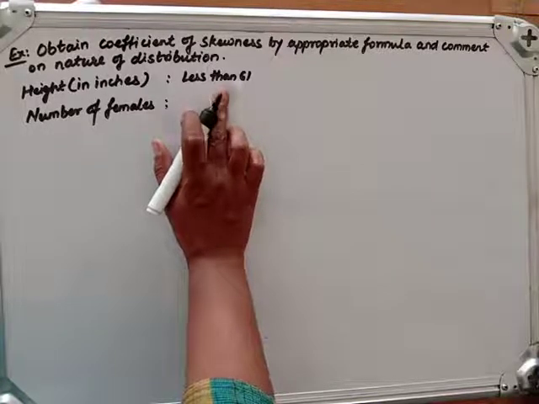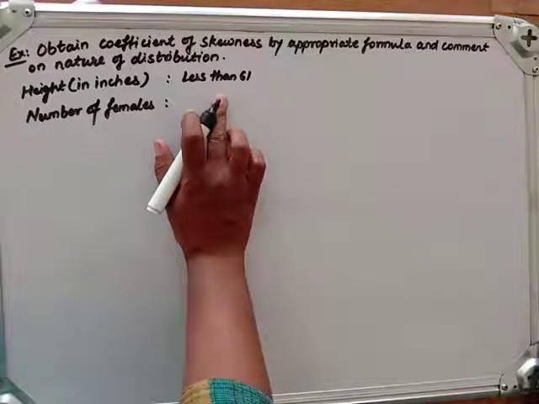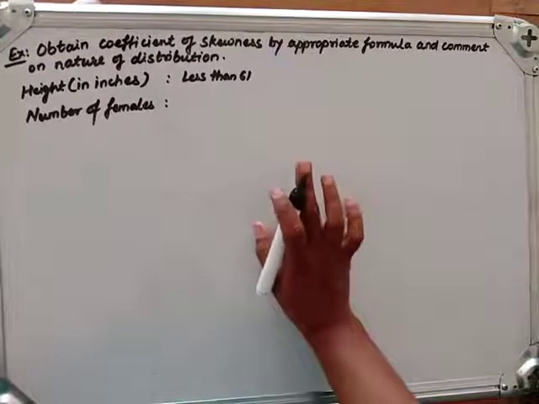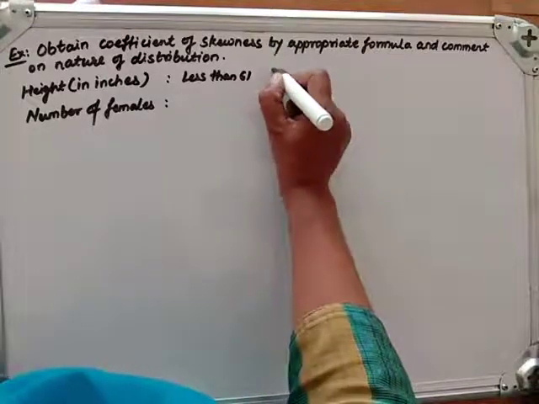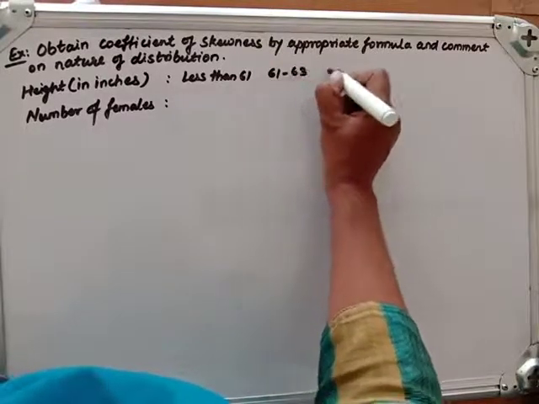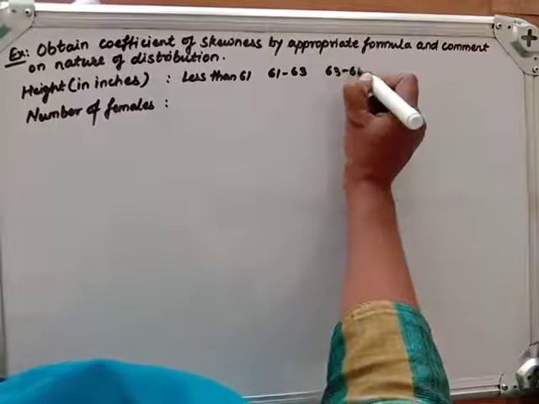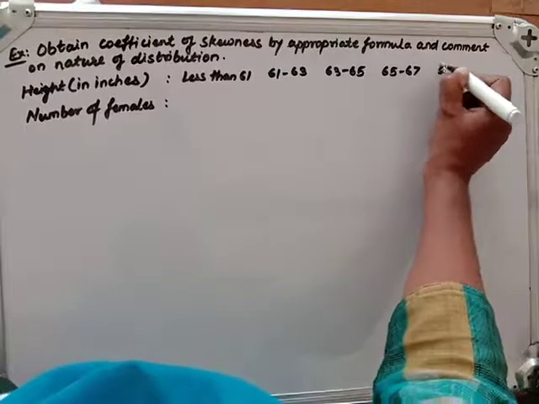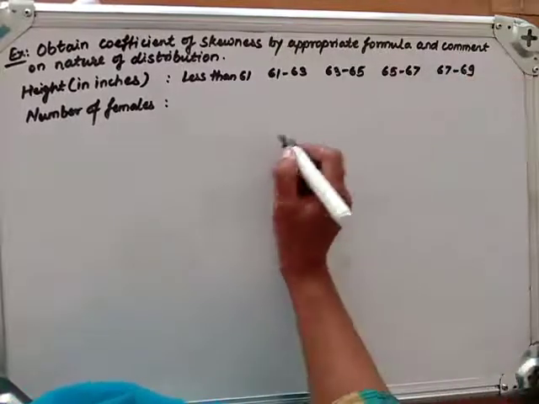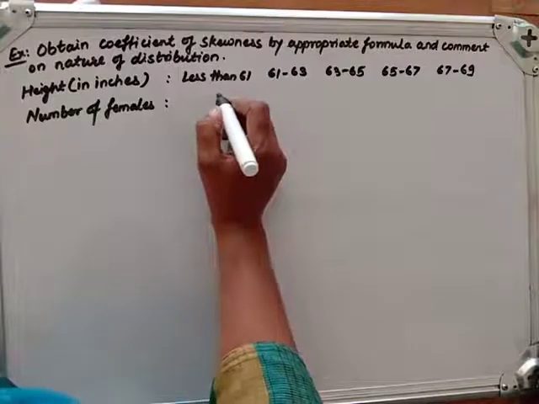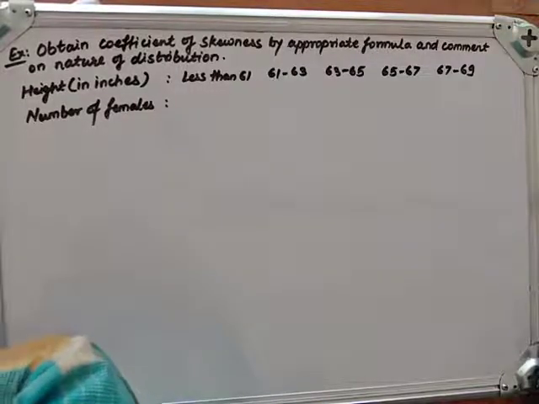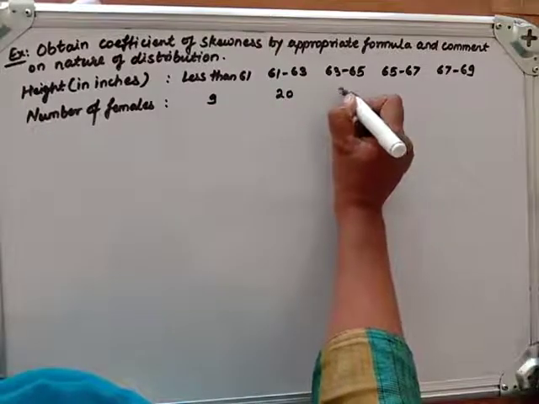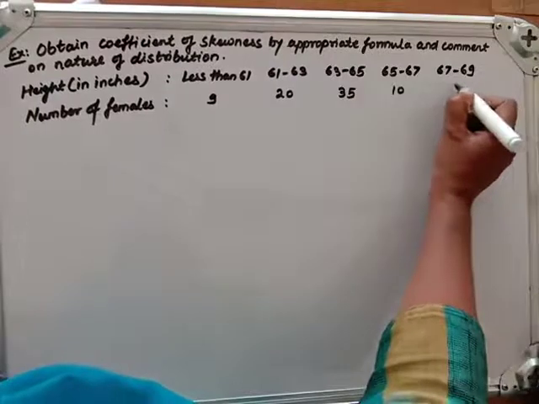So for this Karl Pearson's coefficient of skewness doesn't work. Here only one choice with us, Bowley's coefficient of skewness. Next one, 61 to 63, 63 to 65, then 65 to 67 and 67 to 69. The number of females are 9, 20, 35, 10 and 6.